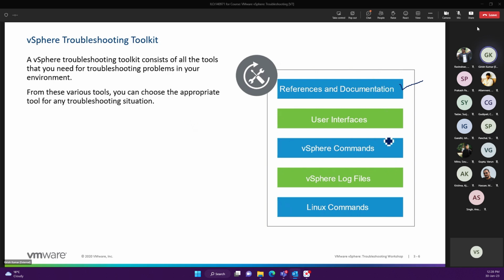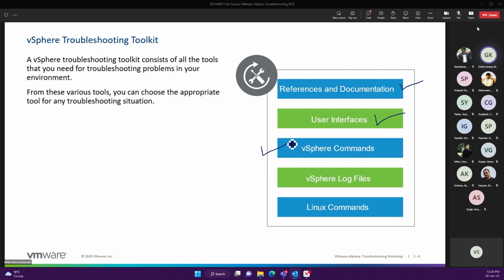We have various user interfaces to interact with the vSphere layer, to connect directly to your vCenter or ESXi host. You can use the vSphere Client, you can use the Host Client, and we also have some CLI tools. If you know the commands, we can access your ESXi directly through SSH and run commands to see the existing configuration.